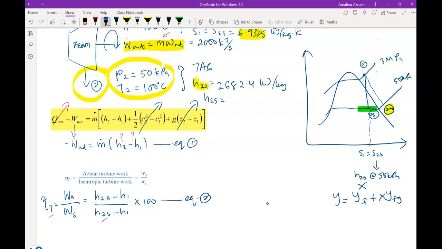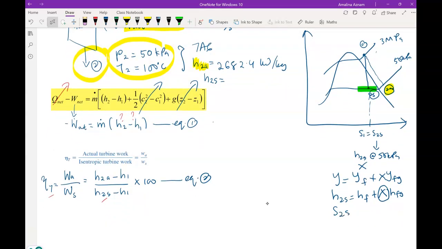In this case, for H2S you will make use of HF plus X HFG. In order to find your X, you are going to make use of S2S is equal to SF plus X SFG, where all of these are read from table A5 at 50 kilopascal. So let's do this.